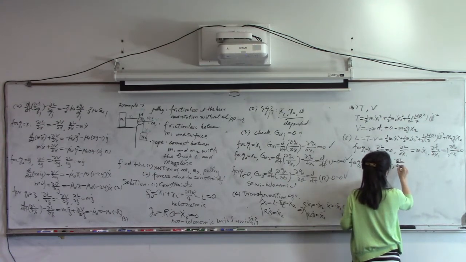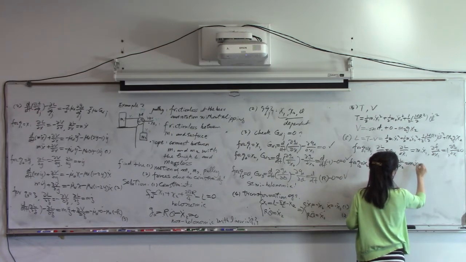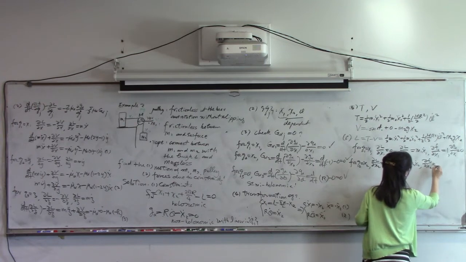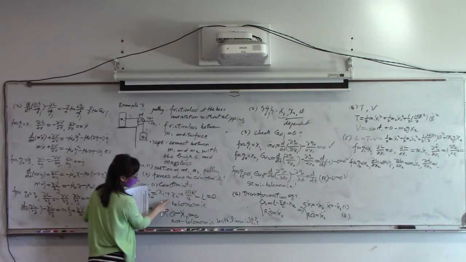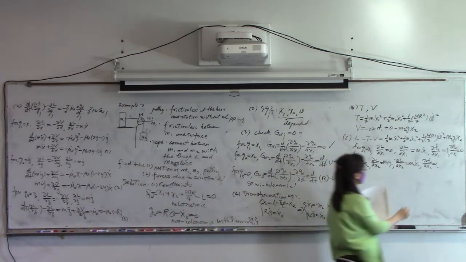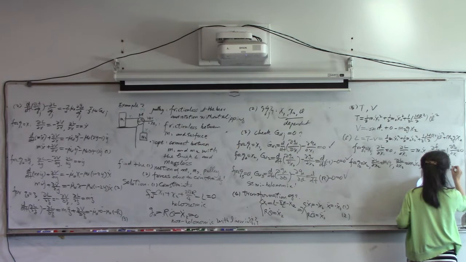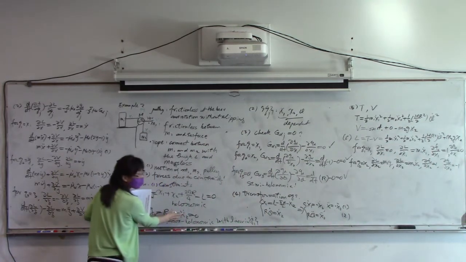Partial L, partial x2 dot is m2 x2 dot. Partial f alpha, partial x2 is 1, since we have x2 here. Then the last one, partial g alpha, partial x2 dot, is minus 1, right? It's this one.